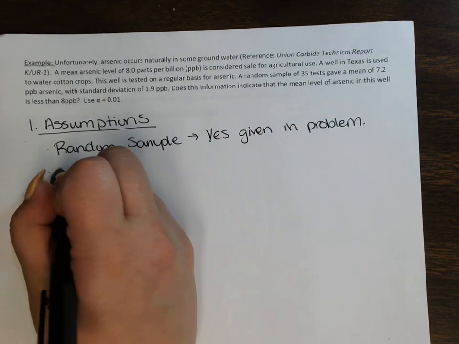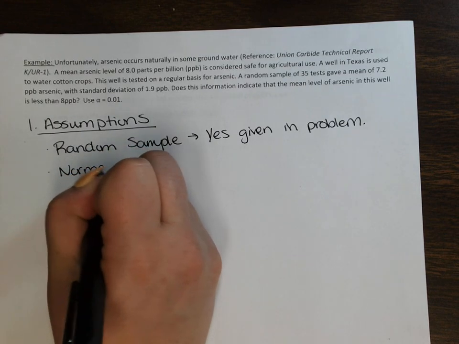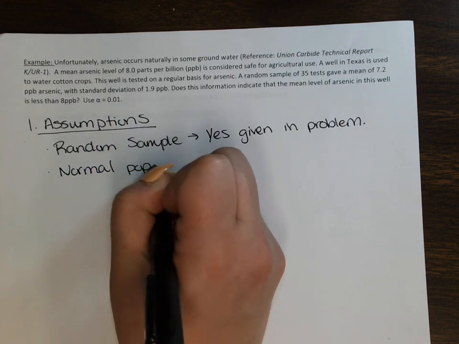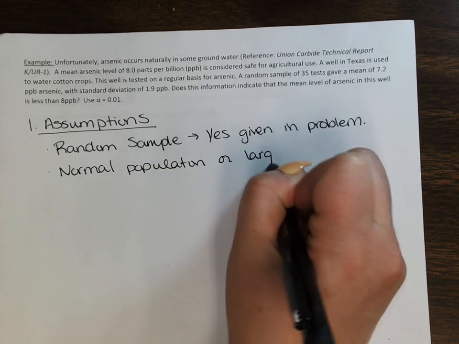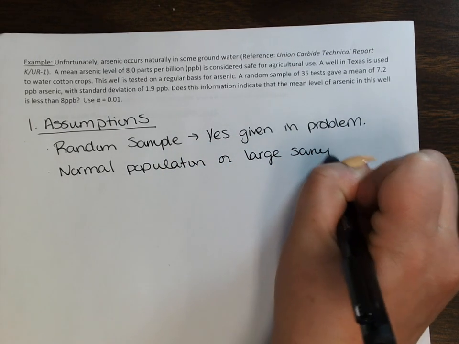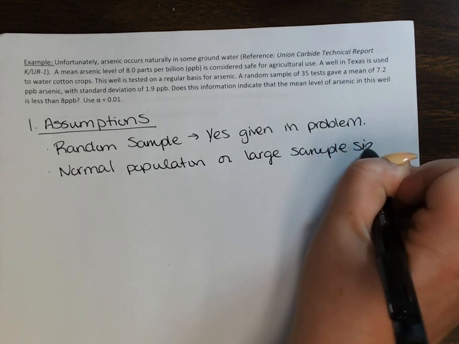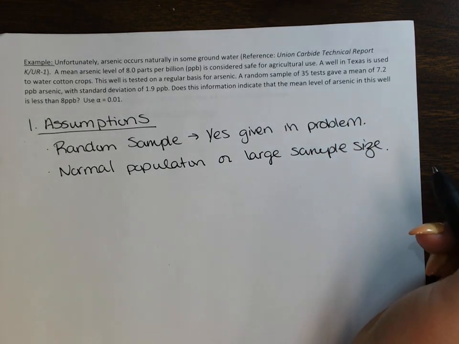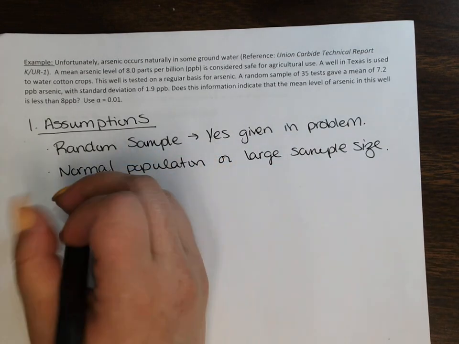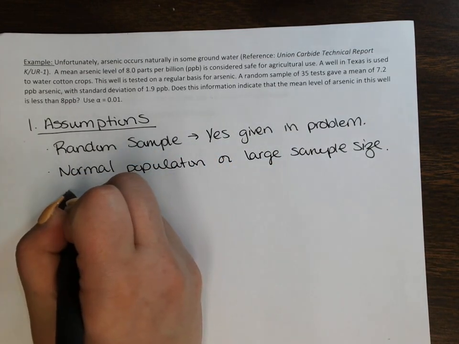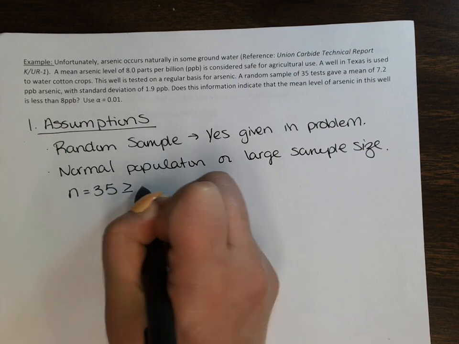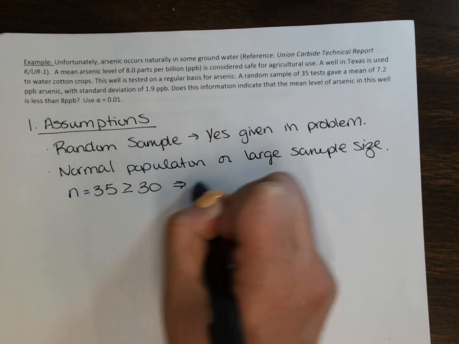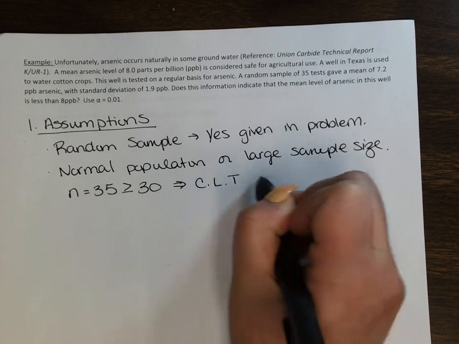Next, we need a normal population or a large sample size. Here, we're not given information about the population, but we are given that our sample size n is equal to 35, which is greater than or equal to 30, so therefore the central limit theorem applies.